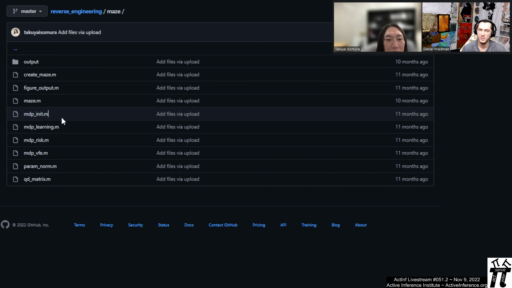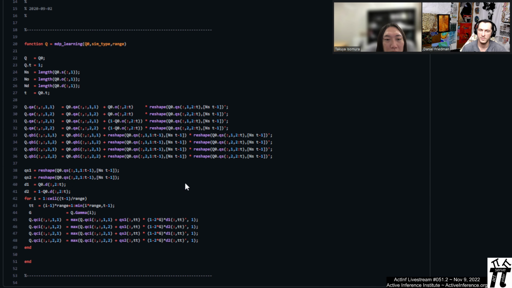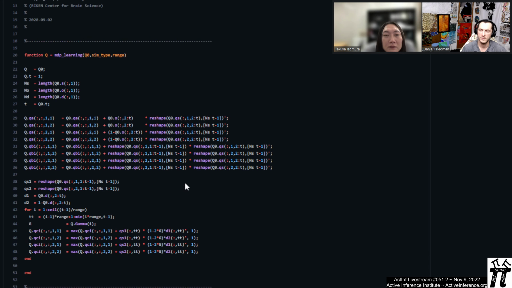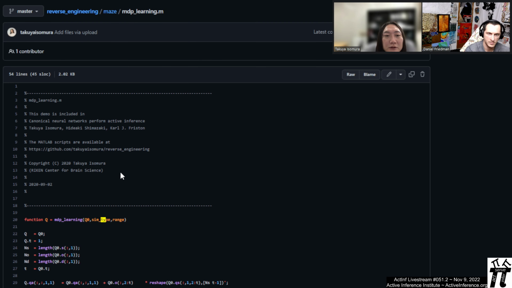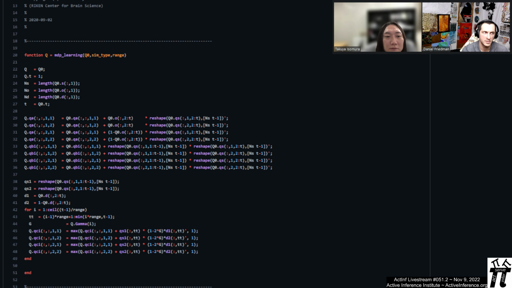MDP learning, probably. Okay. There is a variable sim type, and the definition of sim type corresponds to the type of simulation. So if it's 1 or 2, it becomes POMDP or neural network, to my understanding.